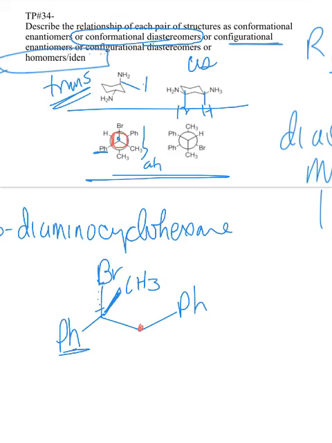And then if you look on the back, you have this methyl and that hydrogen. So hydrogen and bromine are on the same side, so you'd have to put hydrogen on the back. And then these methyls are close to each other, so you would put this methyl coming at you here.